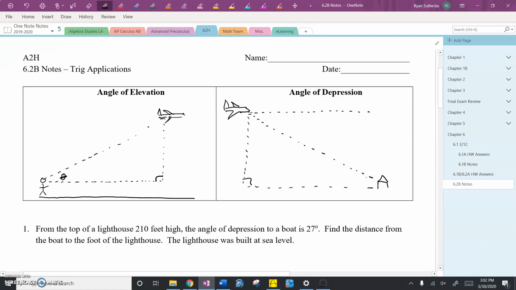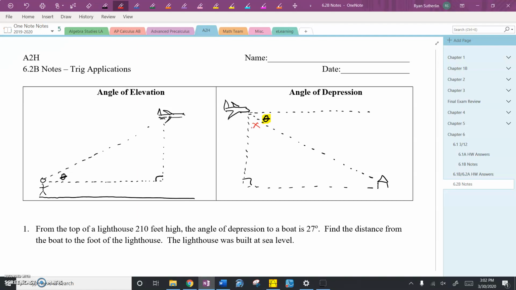Now, the angle of depression is this angle here. It is not the angle that most people associate it with. It is the angle with the horizontal vision going straight out down to the object.